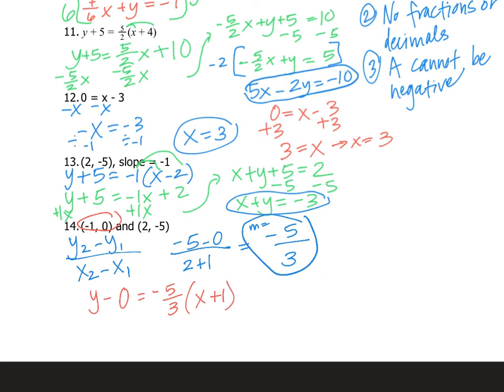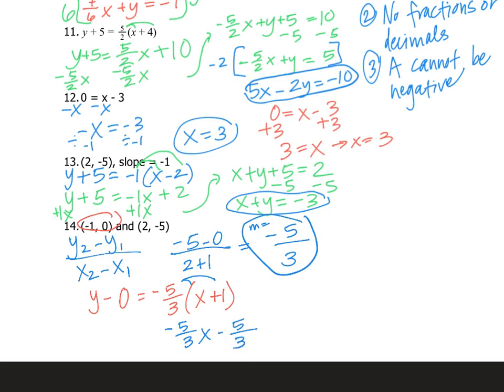Okay, so now what I need to do is first distribute. So I'm going to distribute on the right hand side, and when I do that, I get -5 thirds x minus 5 thirds.